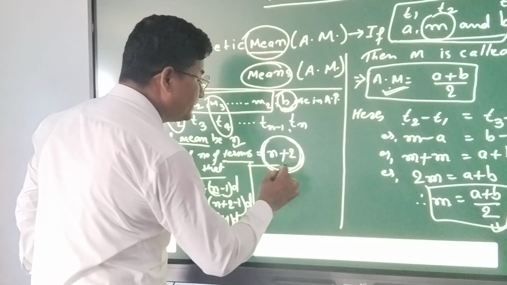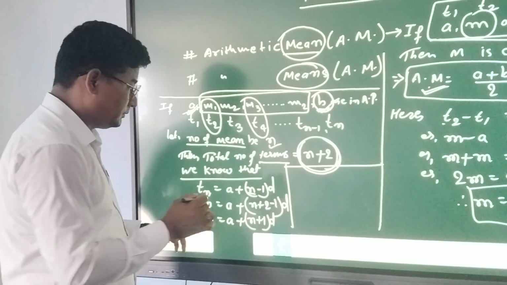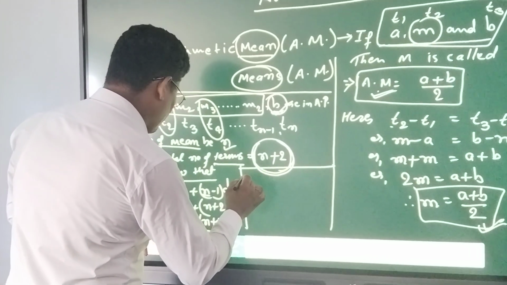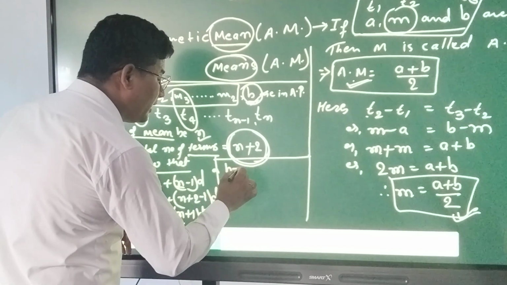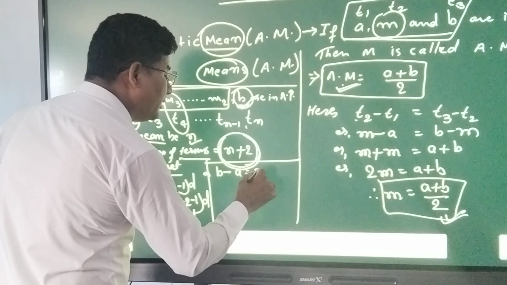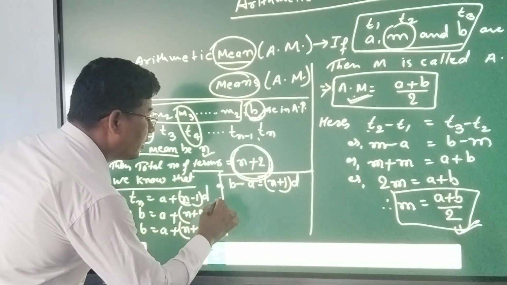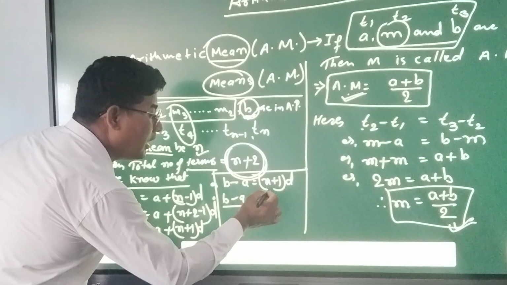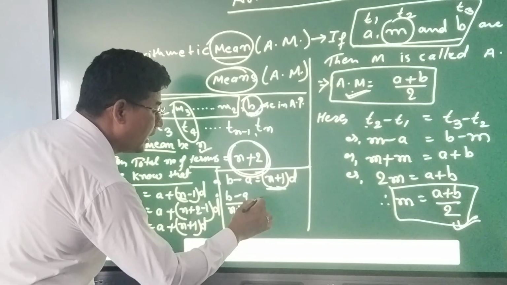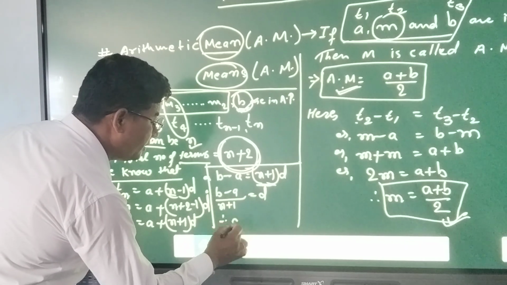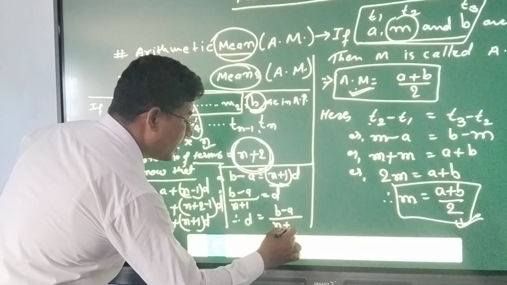Now you see here, left side is b minus a equal to (n plus 1) into d. Therefore, if you transpose this term to the right side, it becomes b minus a upon n plus 1 equal to d, so d equals (b minus a) upon (n plus 1).